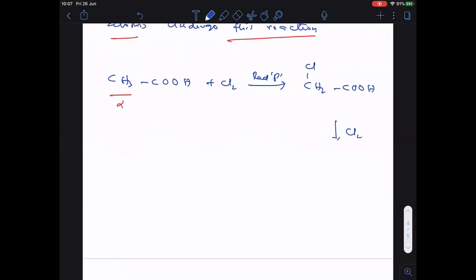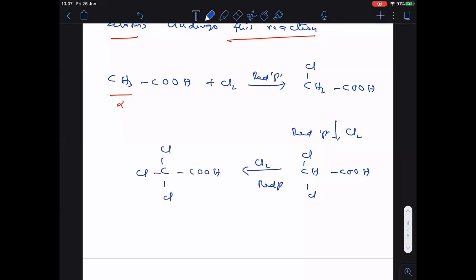Clear? This again, when treated with chlorine in presence of red phosphorus, one more alpha hydrogen will be displaced, and then you will get dichloroacetic acid. This again, when treated with chlorine and red phosphorus, finally all the alpha hydrogen atoms are substituted by chlorine. This is trichloroacetic acid.